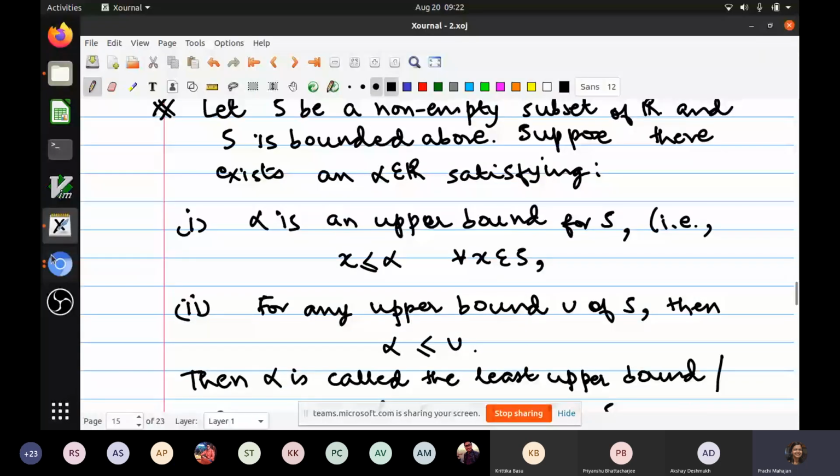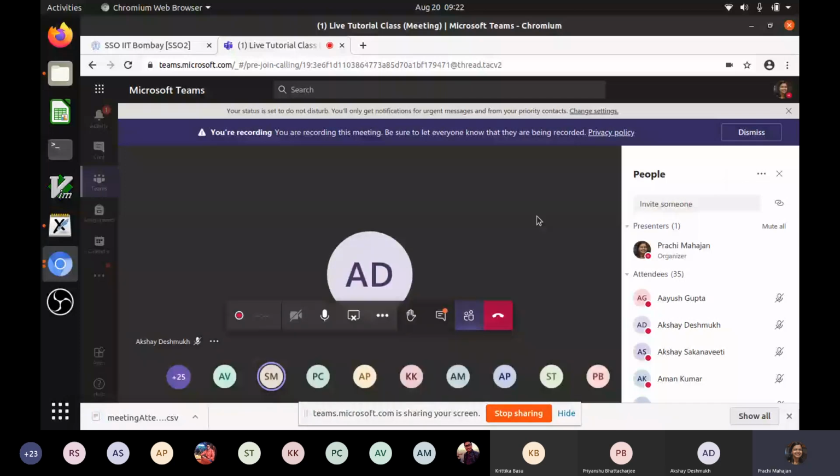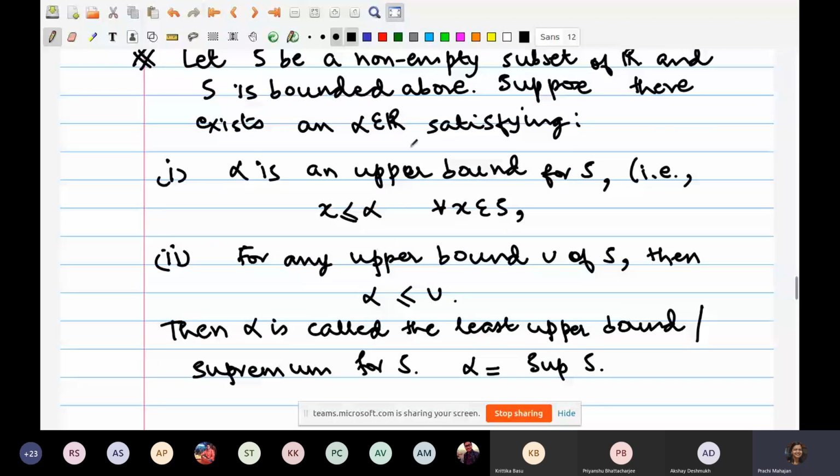So let me go back to where we are. In the afternoon, when we meet at 2, we are going to start with this definition and many more examples. But for now, I'll just pause for 2 minutes and ask, are there any questions so far?